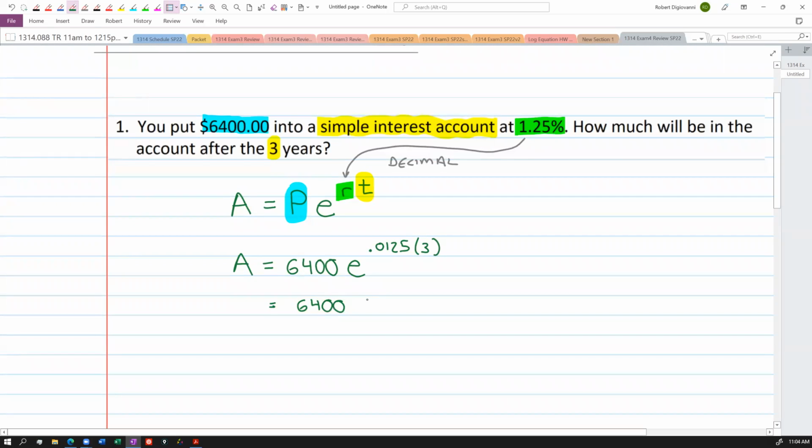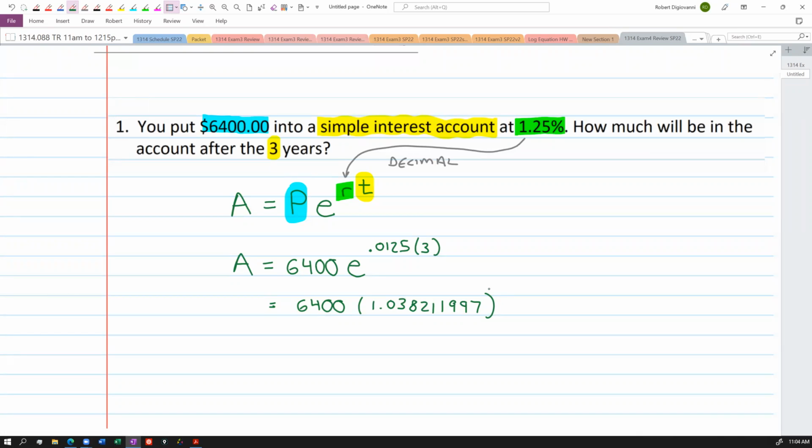Okay, so 6,400, we leave that alone right now. We need to figure out what e to that is. So I'm going to do all of that on my calculator at one time. Since we've done this in class, this turns out to be 1.038211997. Now, when you're taking the test, don't round this to 1.03.